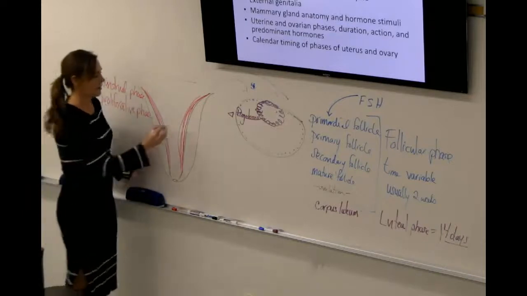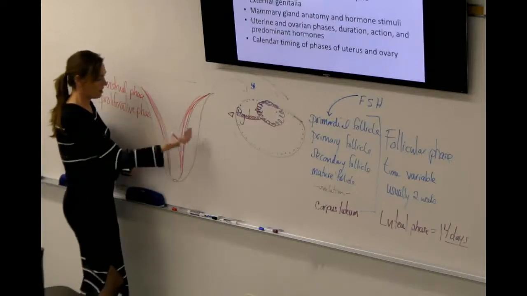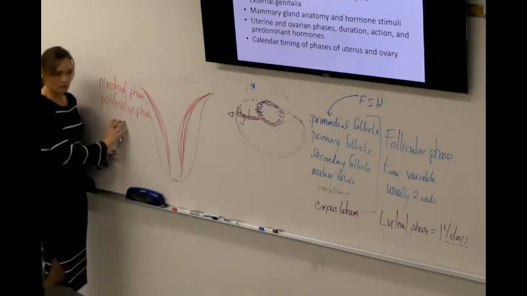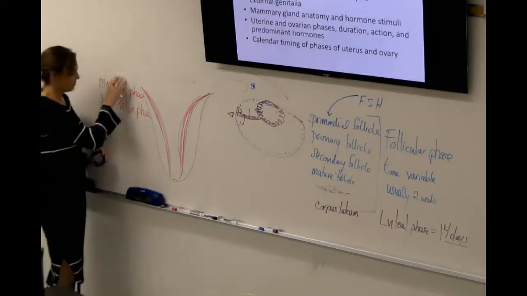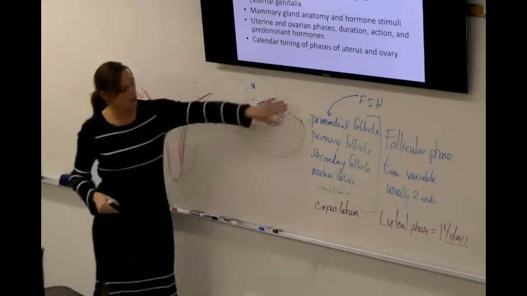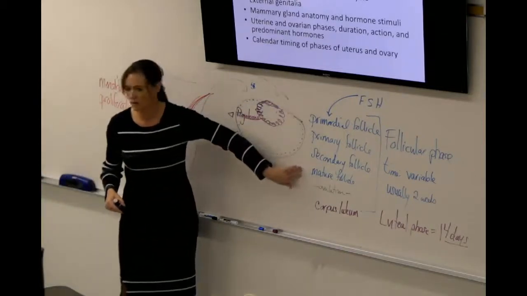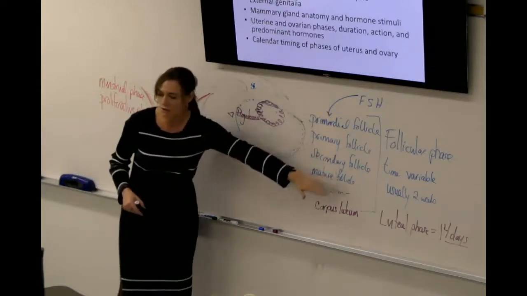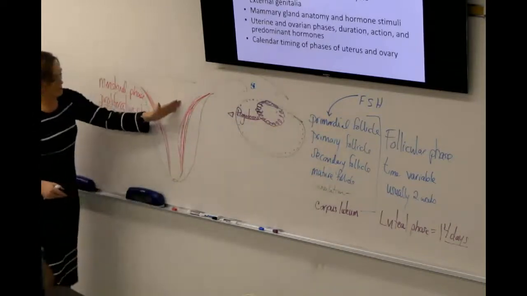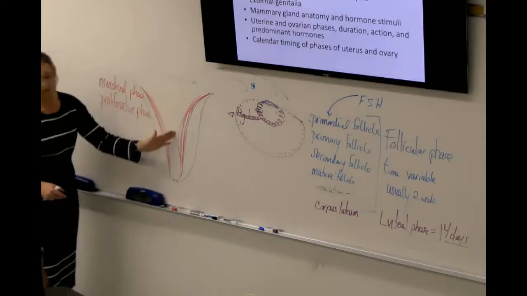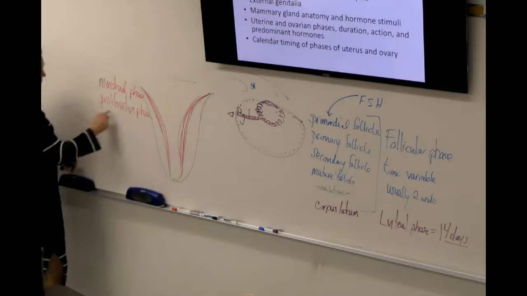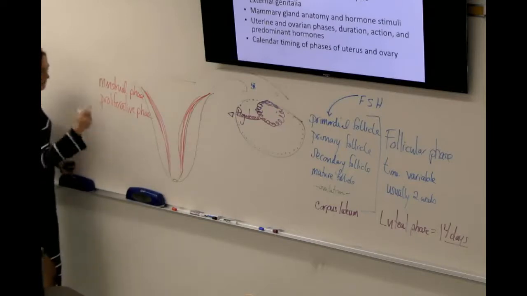You want to think about it that way. We have glands that are installed and a lining that's getting thicker. This is the proliferative phase. So everything that's red over here, the menstrual phase and proliferative phase, matches everything in blue that's over here. While the egg is going through all these follicles, the endometrium, we got rid of it and then we rebuilt it. So these are the phases corresponding with that.